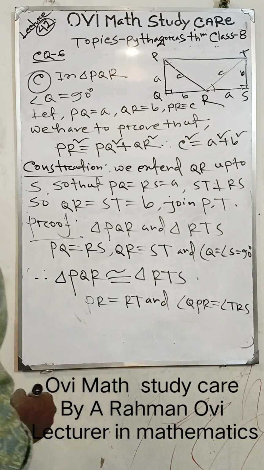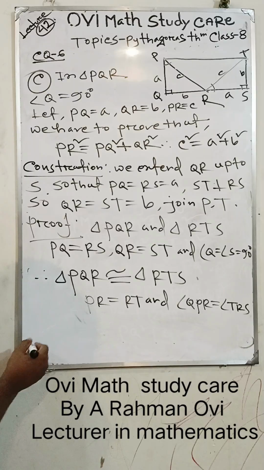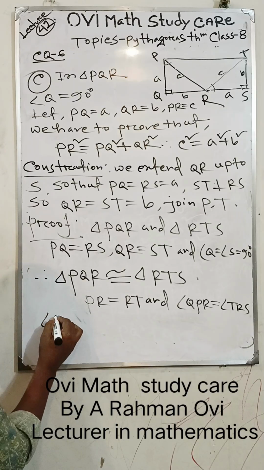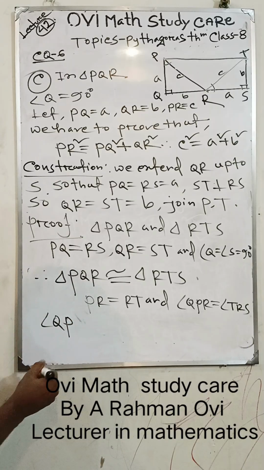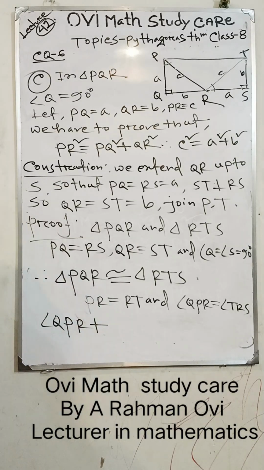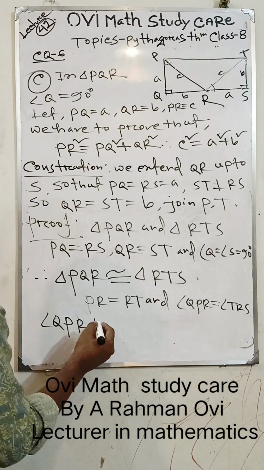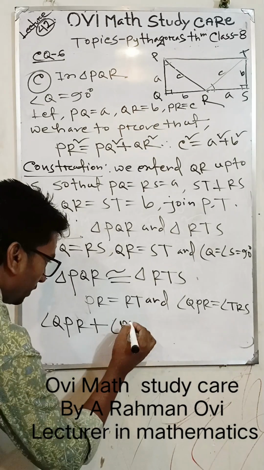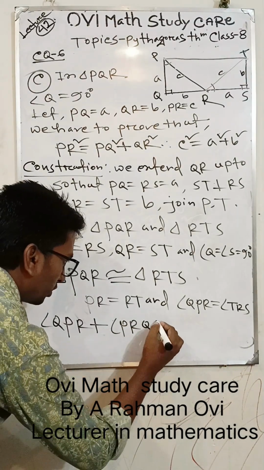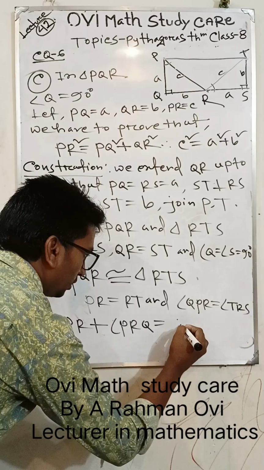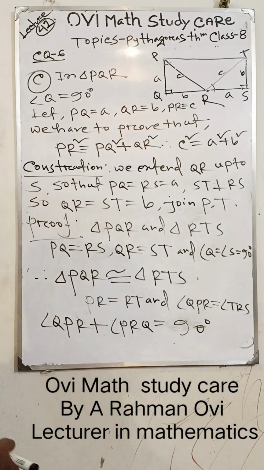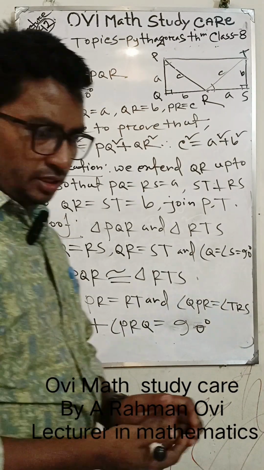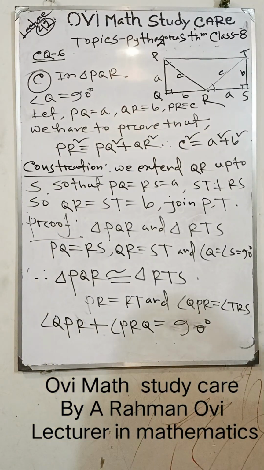We know that in the right angle triangle, angle QPR plus angle PRQ is equal to one right angle, or 90 degrees. We can write it is 90 degrees.